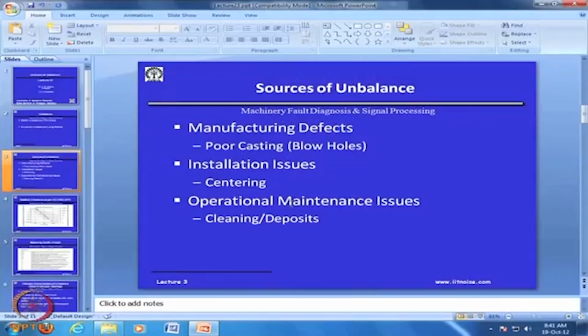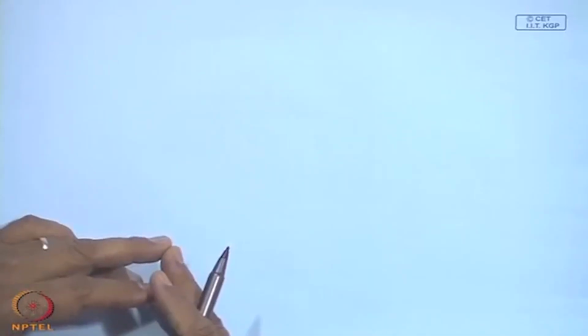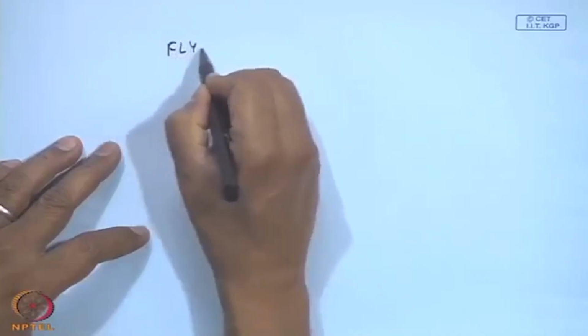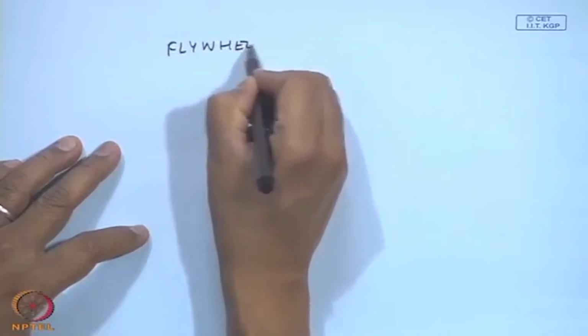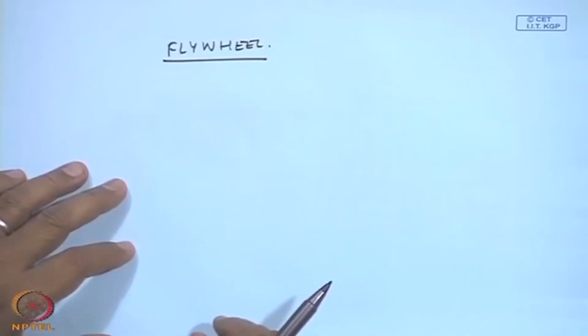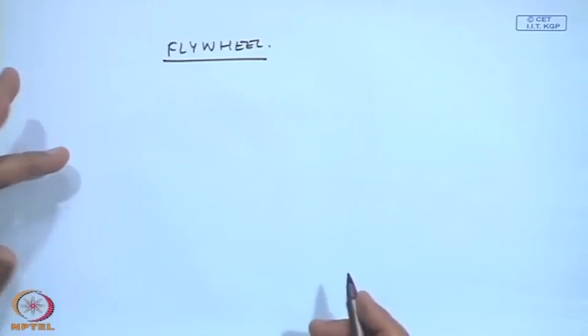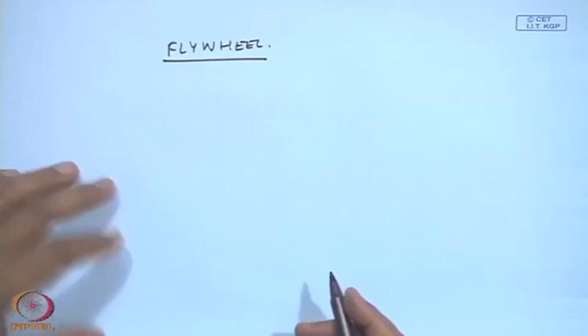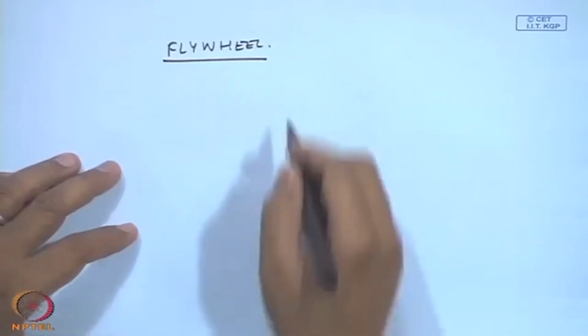Well, before I go into how we detect the unbalance, what are the possible sources of unbalance? One, of course, is that many components in rotating systems are casted. For example, in an automobile, the flywheel is a very important component in an IC engine, particularly in single cylinder or two stroke engines, or a couple of cylinders.